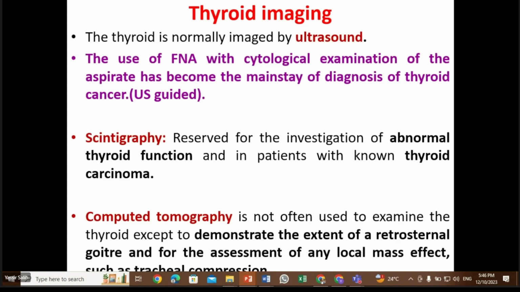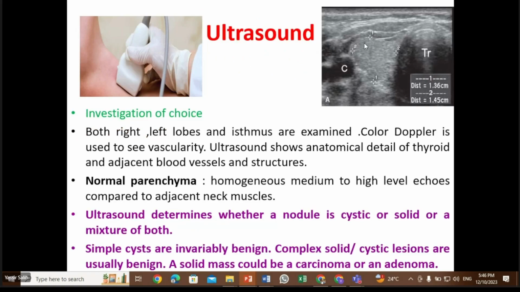Also, in general, ultrasound plays a very important role in differentiating the nature of a lesion, whether it is a thyroid, liver or breast tumor. Is it cystic or solid? Ultrasound is the cost-effective and helpful imaging technique for differentiation between a cystic and solid nodule.